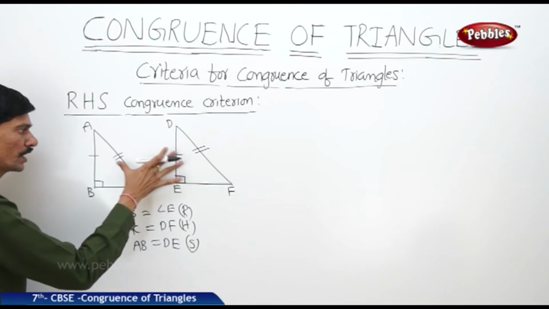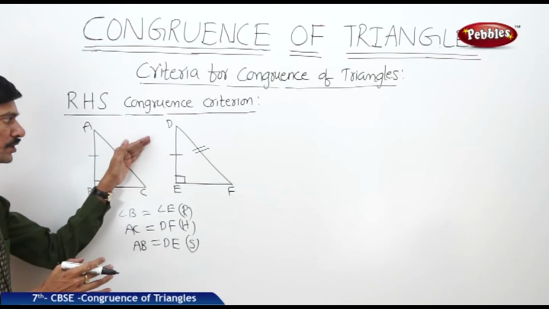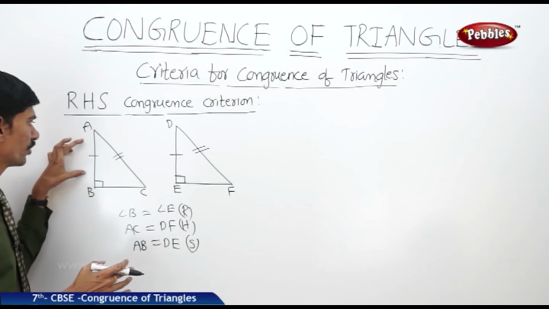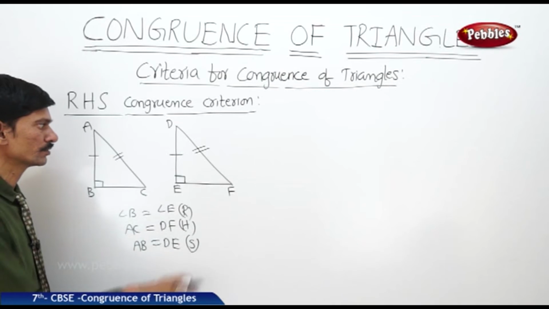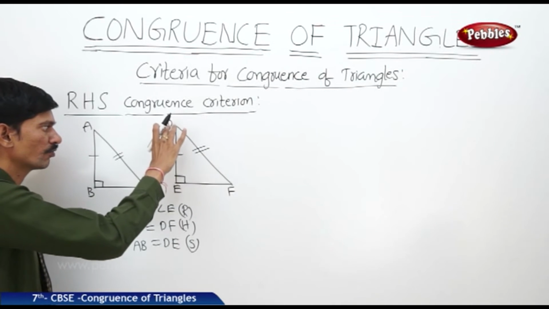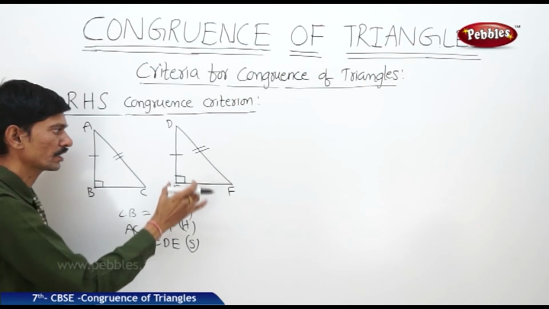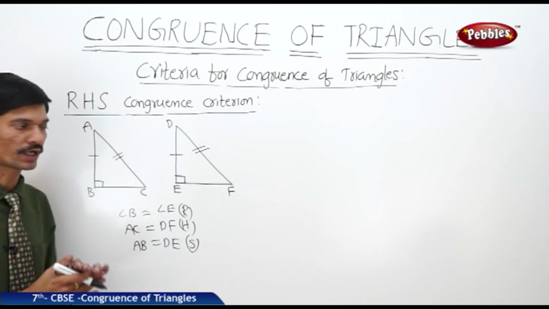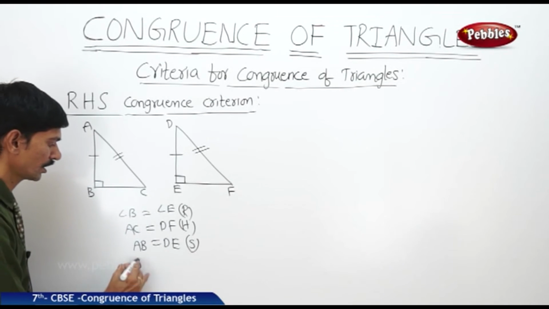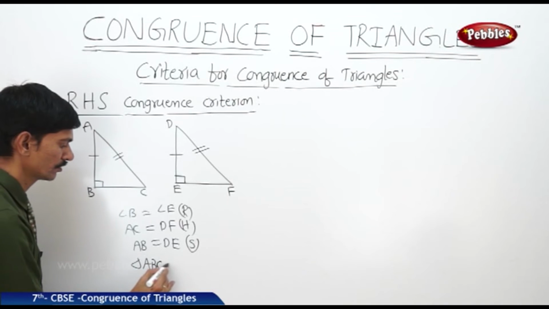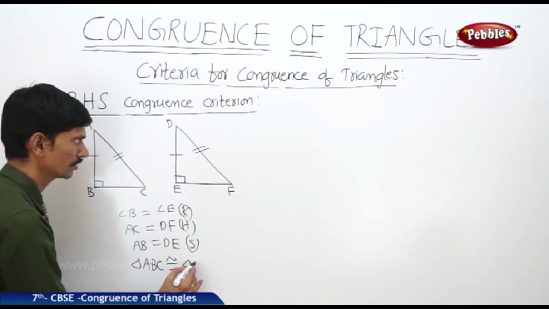Now in two right angle triangles, the hypotenuse and one side of one right angle triangle are respectively equal to the hypotenuse and one side of the second right angle triangle, then the two right angle triangles are said to be congruent. So here we can say that triangle ABC is congruent to triangle DEF.